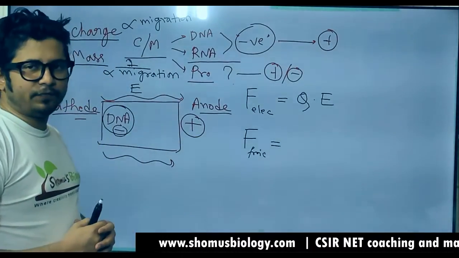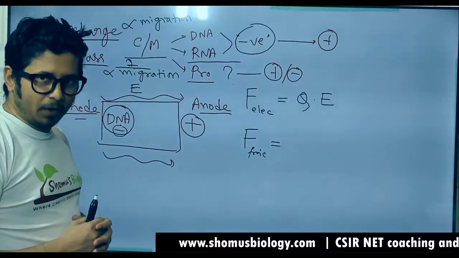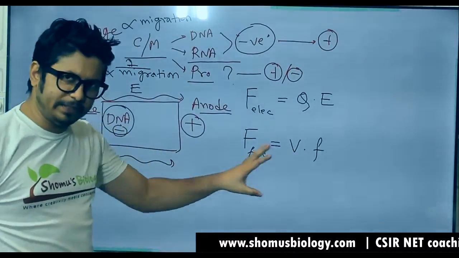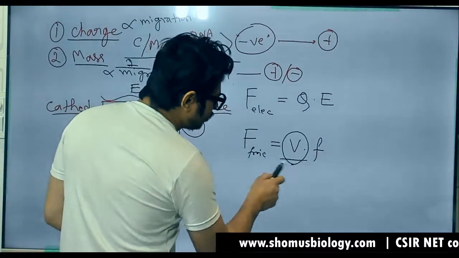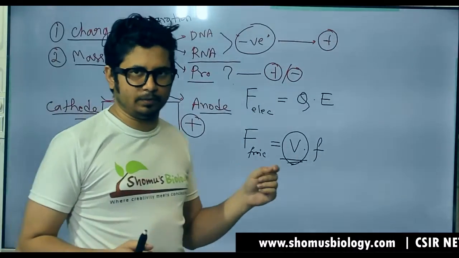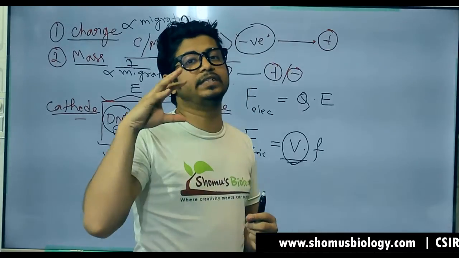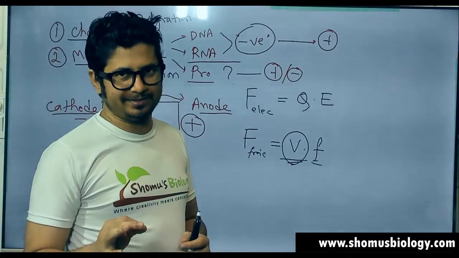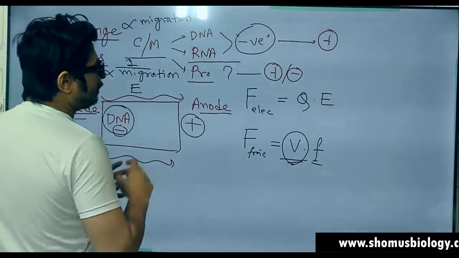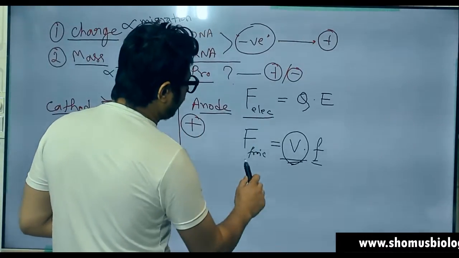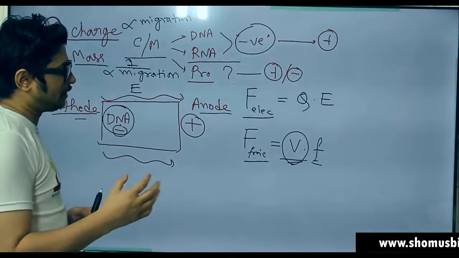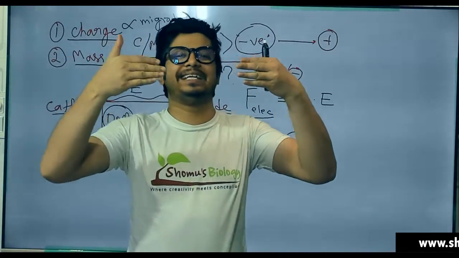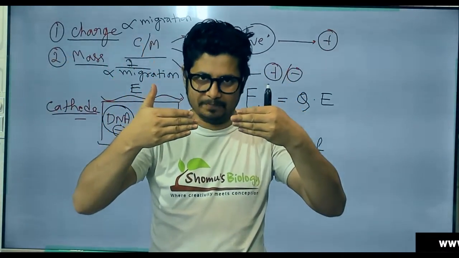The frictional force is dependent on V into F. Now what do we mean by V and F? V is the rate of migration of the charged molecule, and F is the frictional coefficient. The electric force and the frictional force are repelling each other because they work in opposite directions.